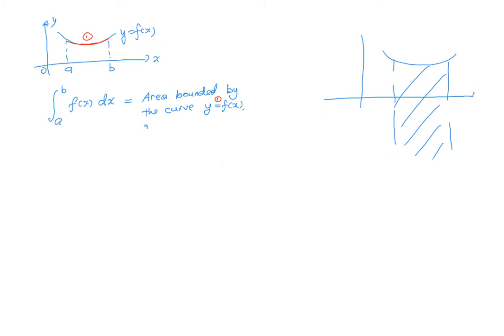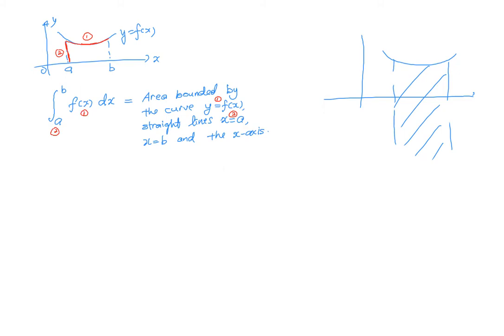Okay, straight lines. There are three straight lines: x equal to a, x equal to b, and the x-axis. So that's why the dx is here, you see? These are the boundary. This is the second one here, and it's denoted here.